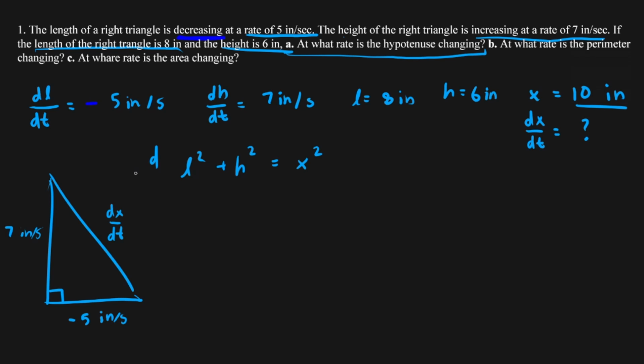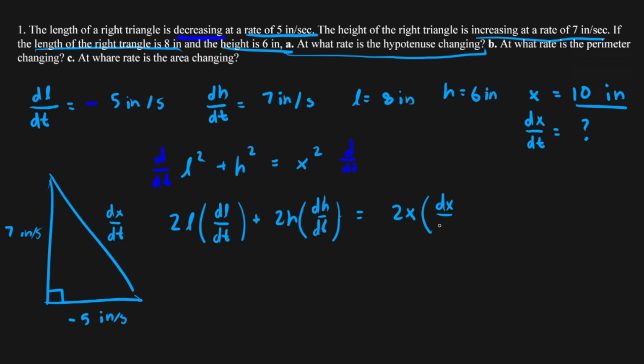Now we're going to take the derivative of both sides of the equation with respect to time. So the derivative of the left side of the equation, we're going to have 2L times dL/dt. This is just chain rule stuff. We'll have 2H multiplied by dH/dt equals 2X dX/dt.